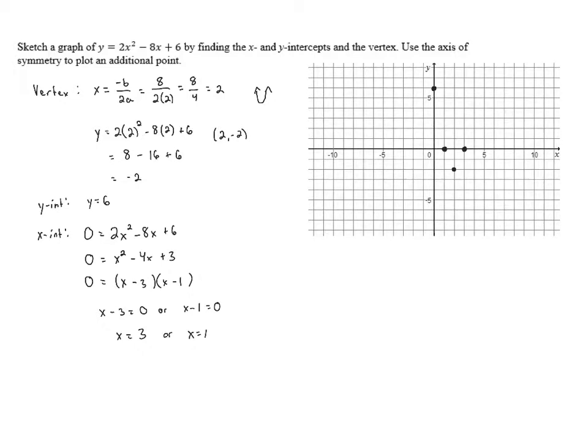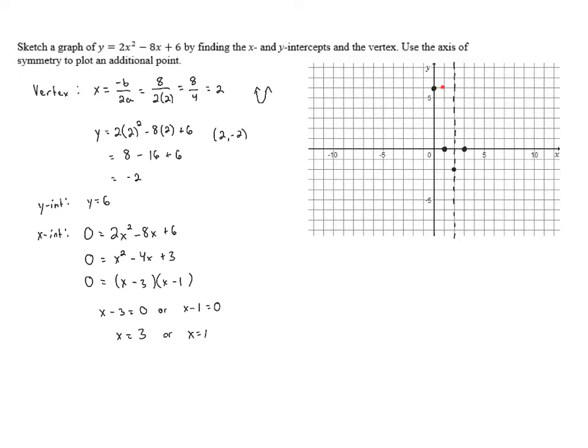Now we have 4 points here, but I want to get one more point, and that's what the directions say. Use the axis of symmetry to plot an additional point. So let's draw in our axis of symmetry as a dashed line. Remember, it's the vertical line that goes through the vertex. And I want to focus on this point right here, the y-intercept.